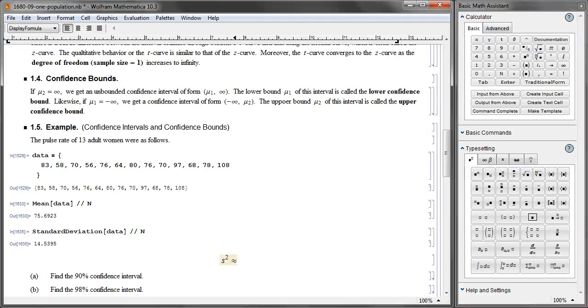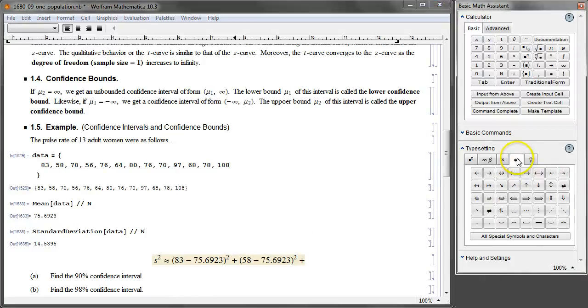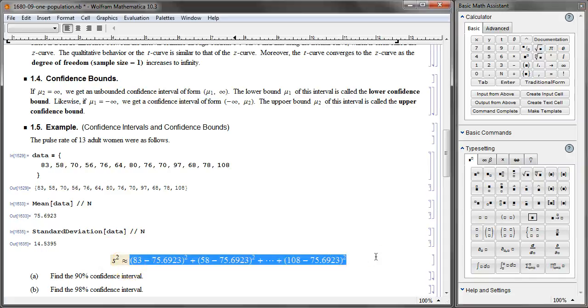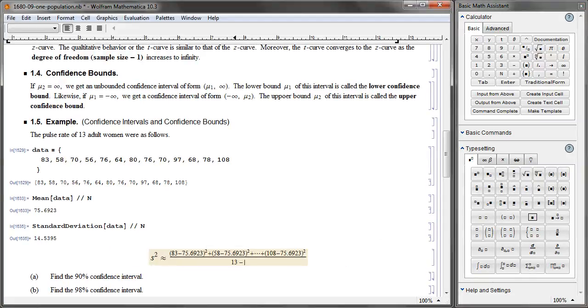And here's a reminder, by the way, of how you calculate the sample standard deviation. We begin with the variance first. 83 minus the mean, deviation squared, plus the next number, 58 minus the mean, deviation squared, and then the next one, and so on, up to 108 minus the mean, deviation squared, divided by 13 minus 1, the degree of freedom.